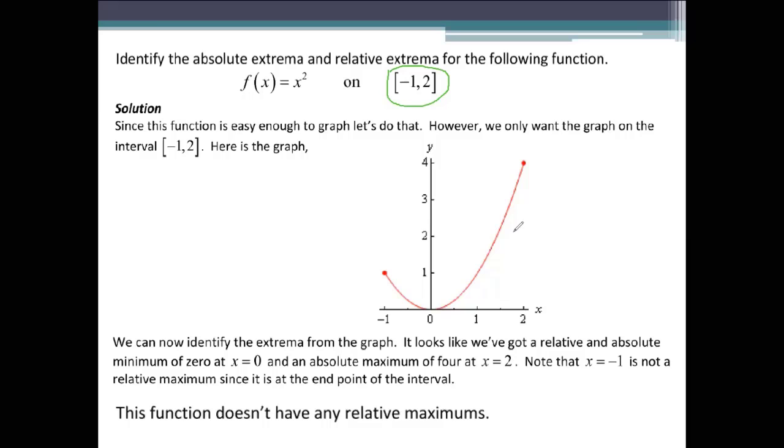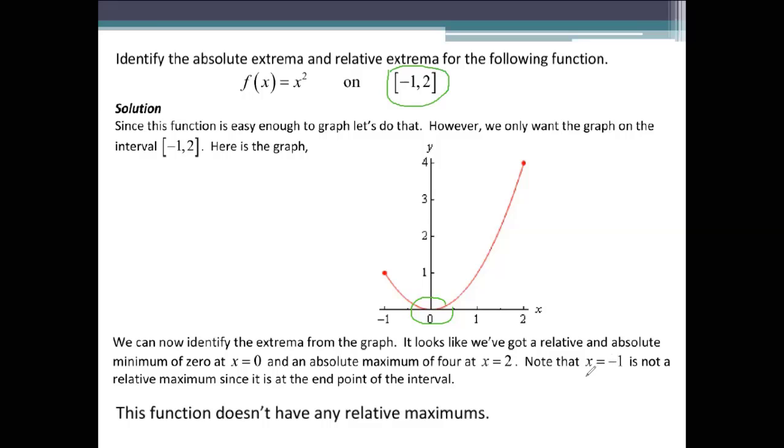So what will be the relative maximum or relative minimum here? It looks like we have a relative and absolute minimum of 0 at x equals 0, at this point, and an absolute maximum of 4 at x equals 2.